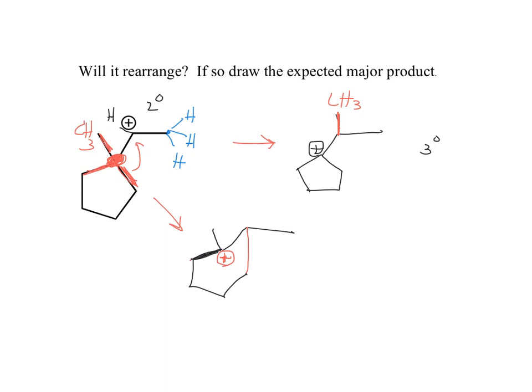I can redraw that once I see what I've got. I have a 6-membered ring. And on one position that has the plus is a methyl. And on the next position is another methyl. So I've just redrawn it here.